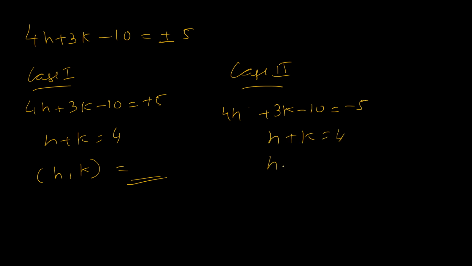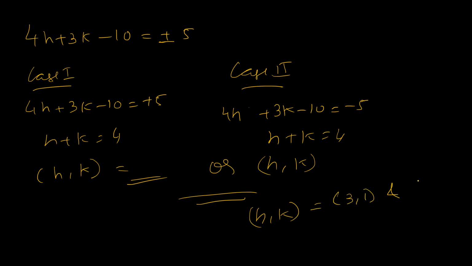With the help of that, you will find the values of h and k. So the required points are these 2 points. The answer will be (h, k) equal to (3, 1) and (minus 7, 11).